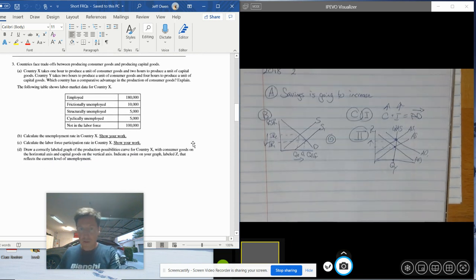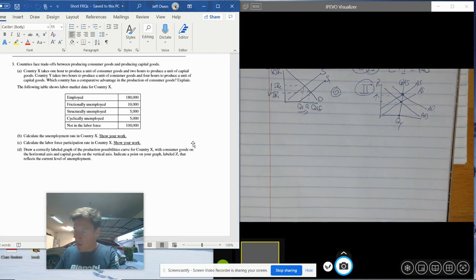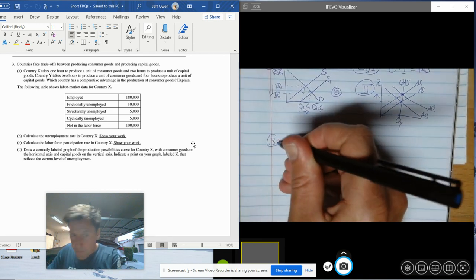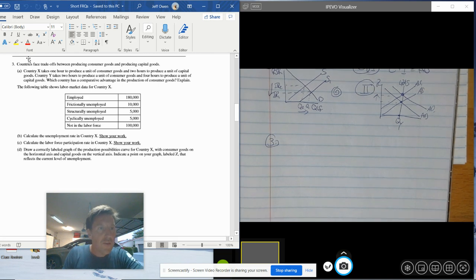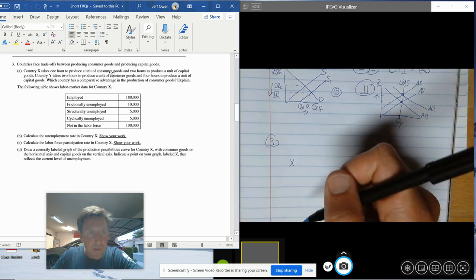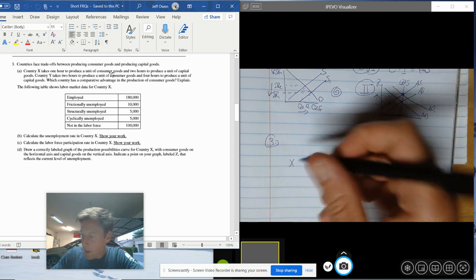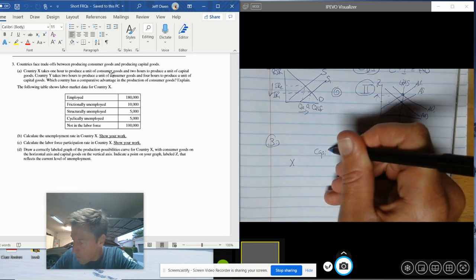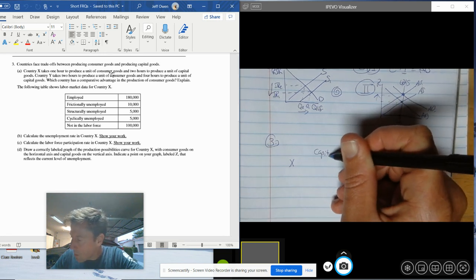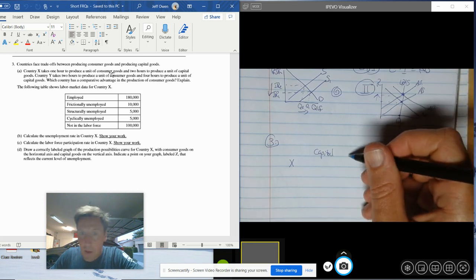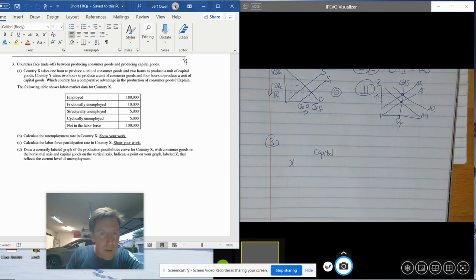And that takes us to number 3. So question 3. Countries face trade-offs between producing consumer goods and capital goods. Country X takes 1 hour to produce, oh boy, okay. So country X and 2 hours to produce a capital, and 2 hours, oh man.